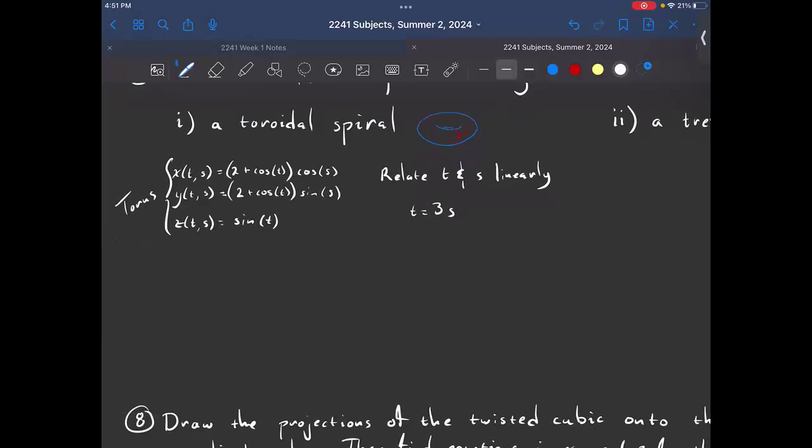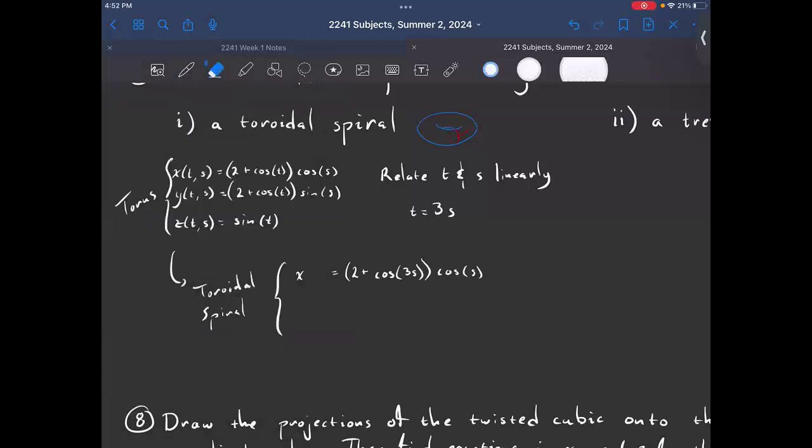Yeah, so given that, we can turn our torus into our toroidal spiral given by x of t equals 2 plus cosine of 3s times the cosine of s. Oh, I wrote x of t, didn't I?